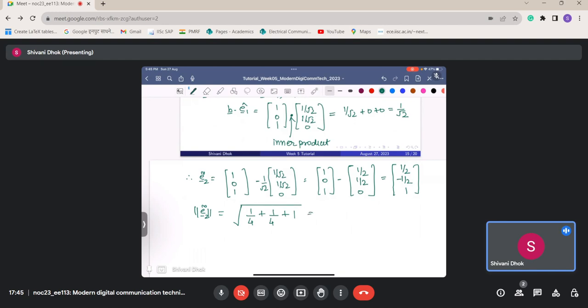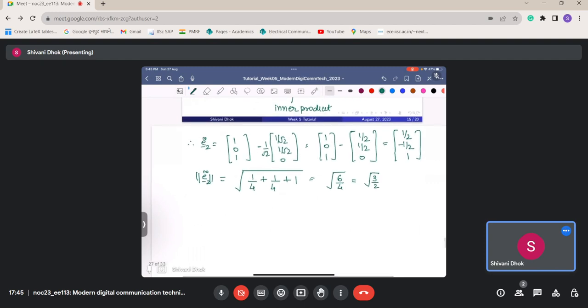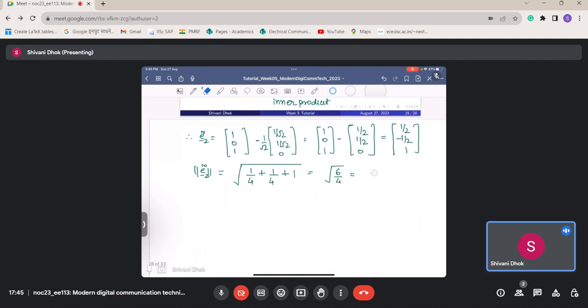So this comes out to be under root of 6 by 4, that is root 6 by 2.